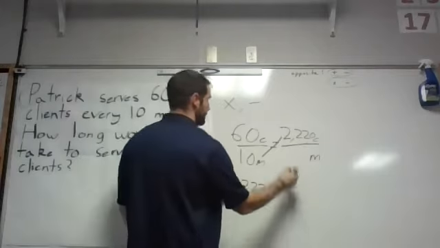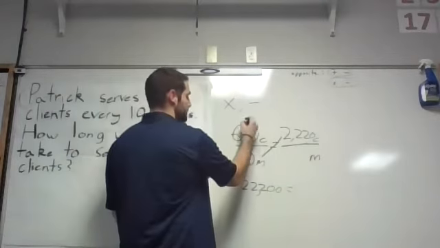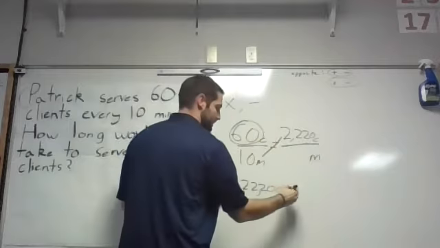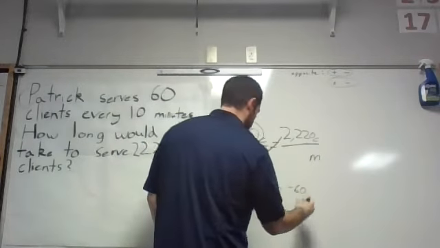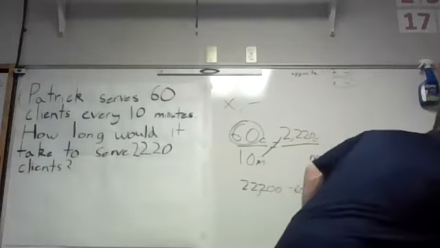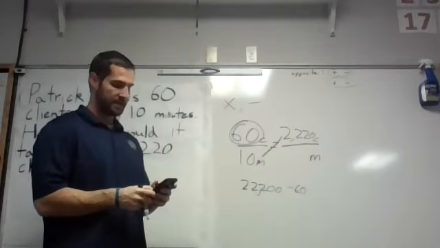Next, divide. We're going to divide by a number we haven't used yet, which is going to be 60. So you want to punch that into the calculator. 22,200 divided by 60.